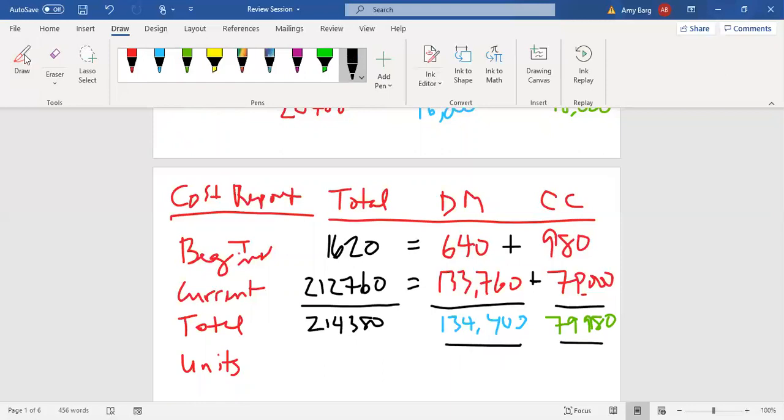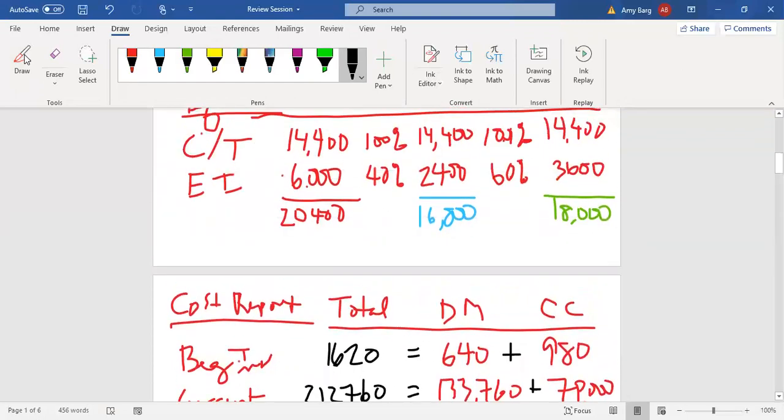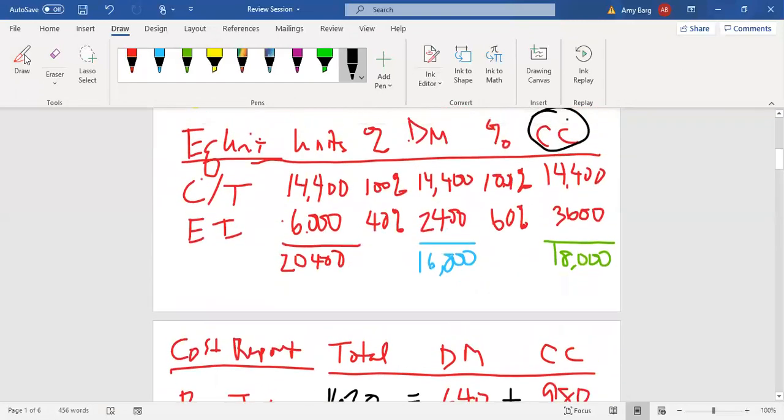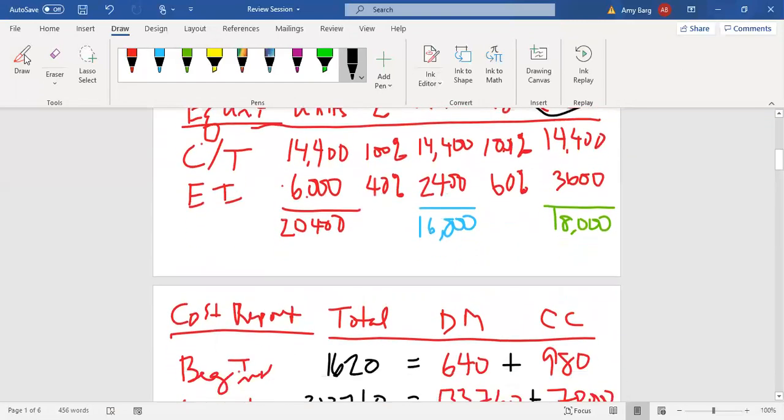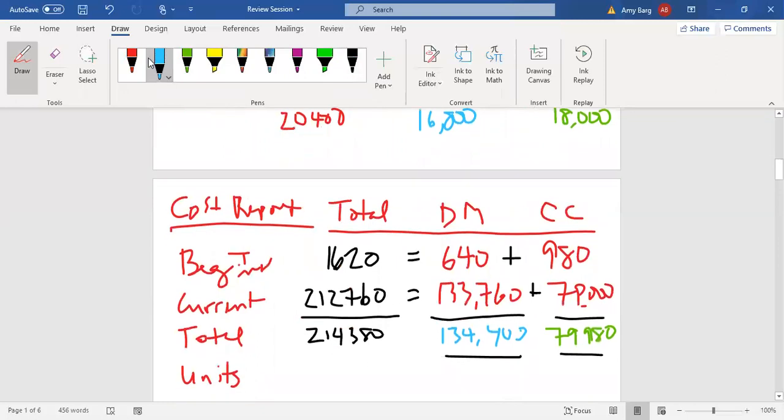So we know that the equivalent units up here for direct materials was 16,800. So we divide this one by 16,800. And we know that the conversion cost equivalent units were 18,000. So we'll divide that one.